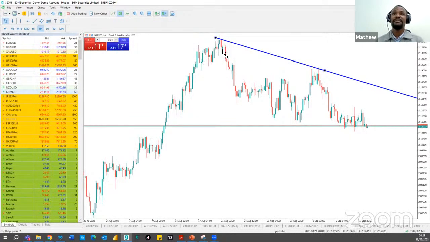Here we have a swing high, right? Down here, this one confirms a swing low as well, but price went lower again. But we have a support level at this point. So we have a swing high at this level. Let me mark it.